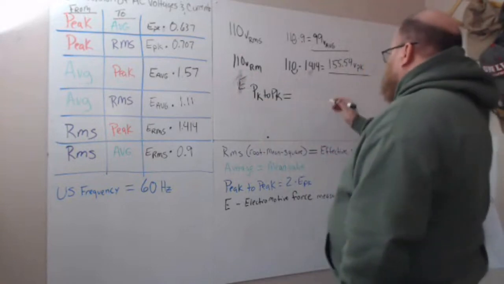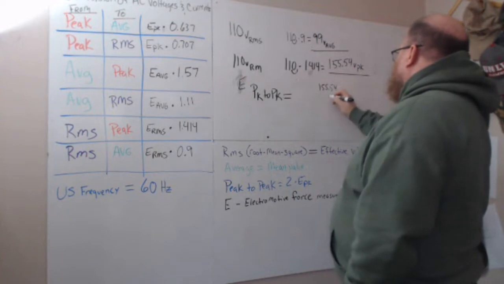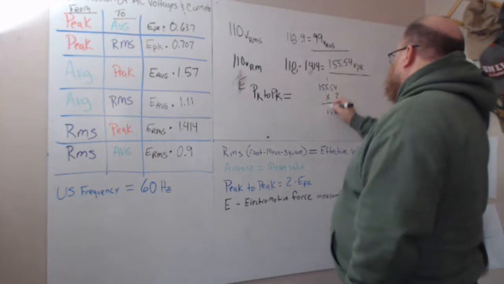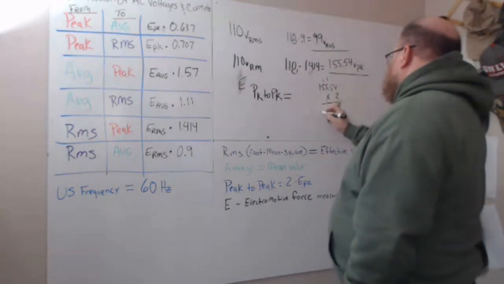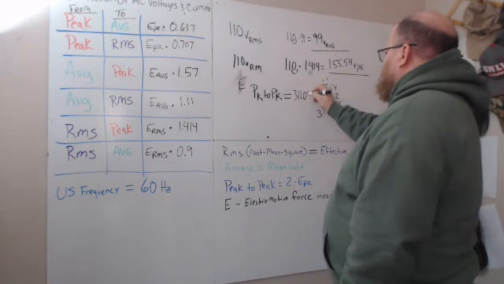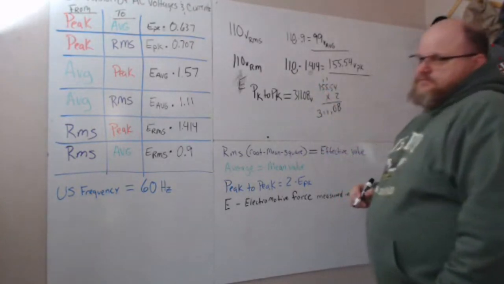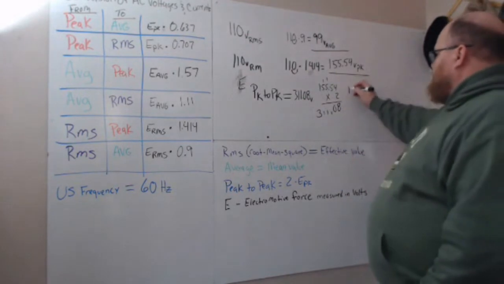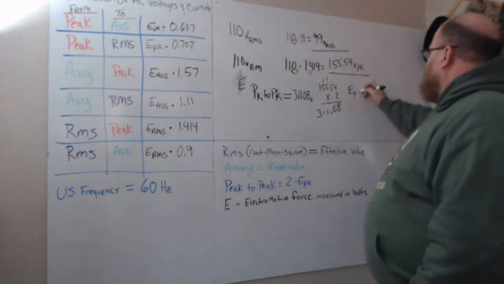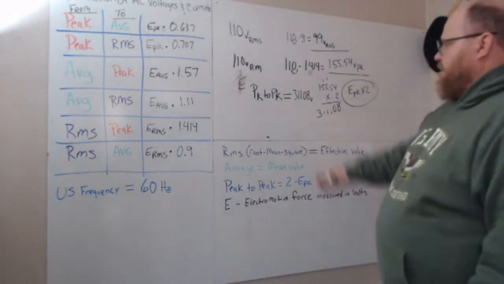Peak to peak is 155.54 times 2, which is 311.08 volts. Because it's voltage peak times 2 that gives you peak to peak.